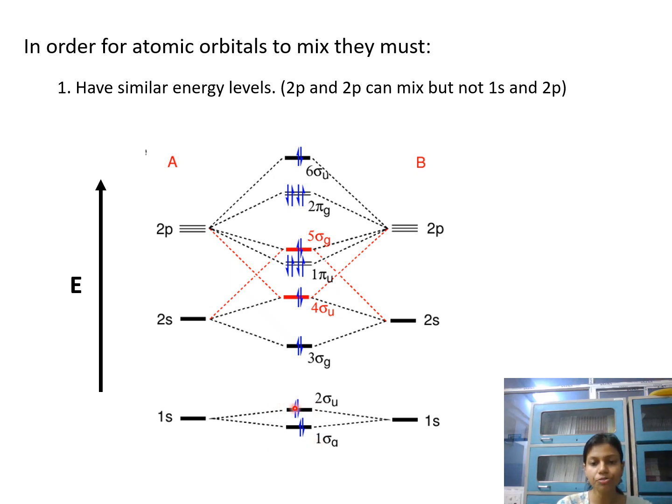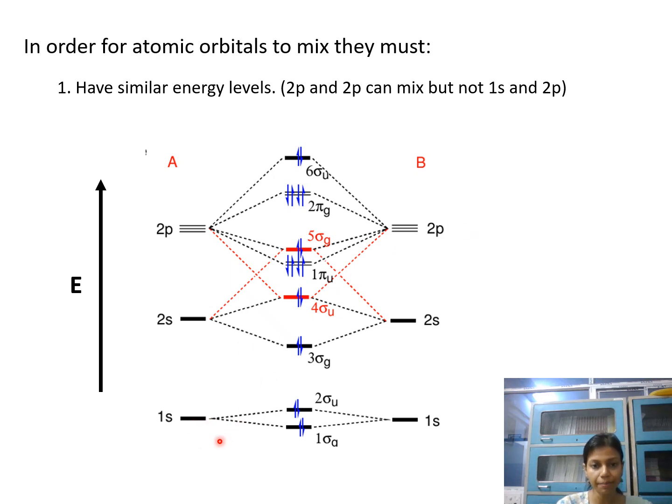I'll also discuss later that in molecular orbital theory an anti-bonding molecular orbital also forms. But at this point, you understand that 1s and 2p have a lot of energy difference. So it is not possible for 1s and 2p orbitals to overlap.